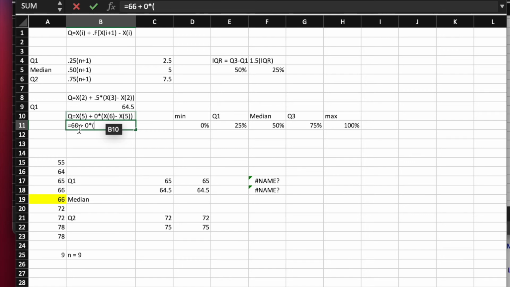I know this is pointless, but I'm just going to do it out. I know anything times 0 is 0, but just so you get the point. X of 6 is 72 minus x of 5 is 66. Okay? You do this, you get 66, which is your median.